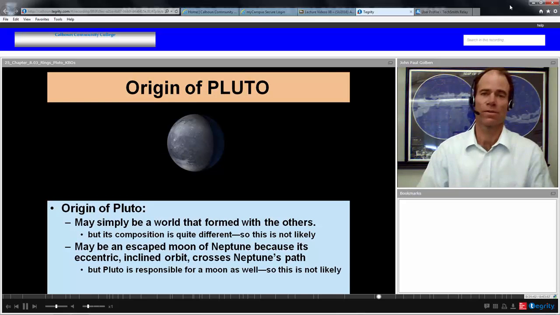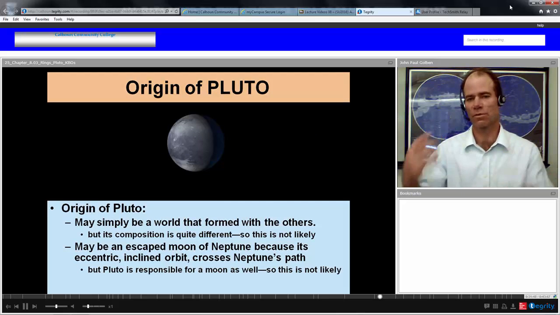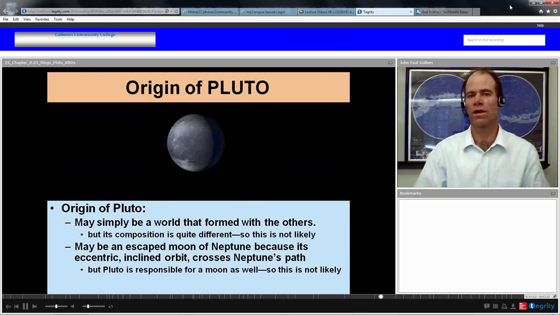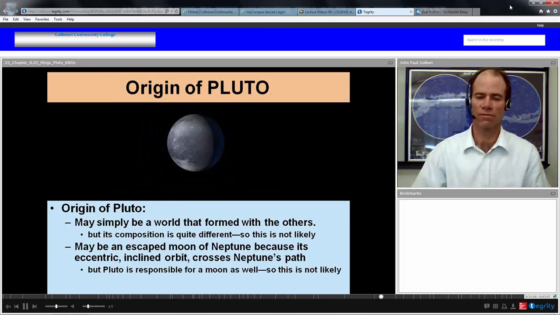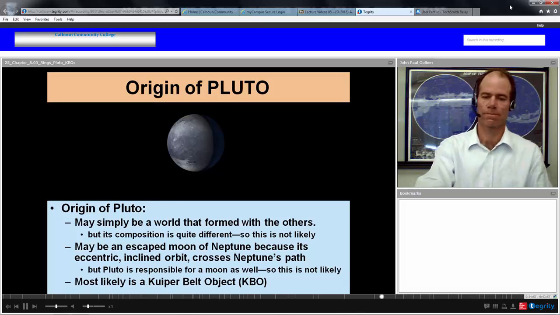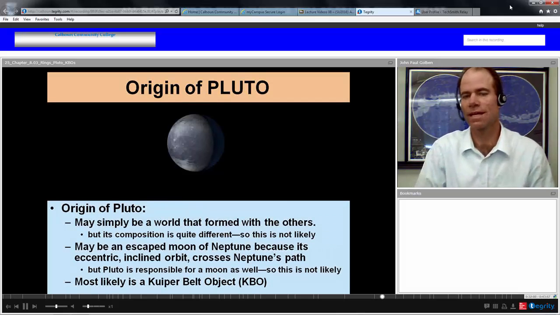But Pluto is responsible for a moon as well, and in fact it has 3 moons, so this is not very likely because if it were near Neptune, Neptune probably would dominate those other 3 moons as well and not allow Pluto to have control of them. So most likely Pluto is a Kuiper belt object, a KBO, just like the other objects that have been discovered recently from the 1990s.